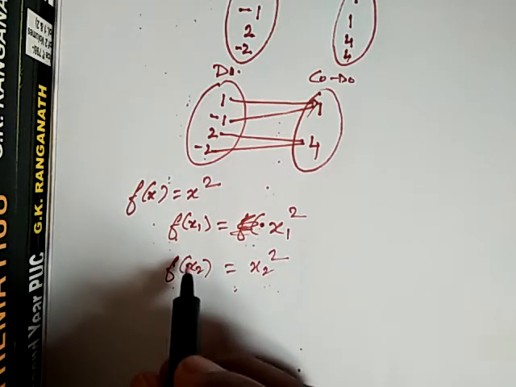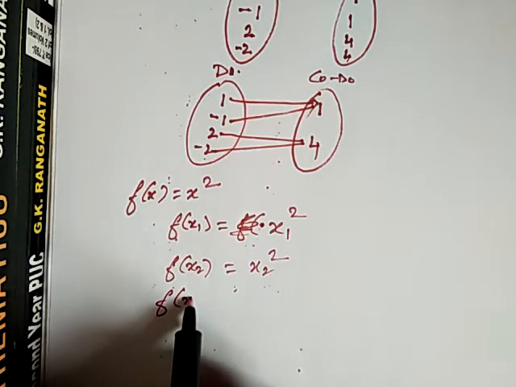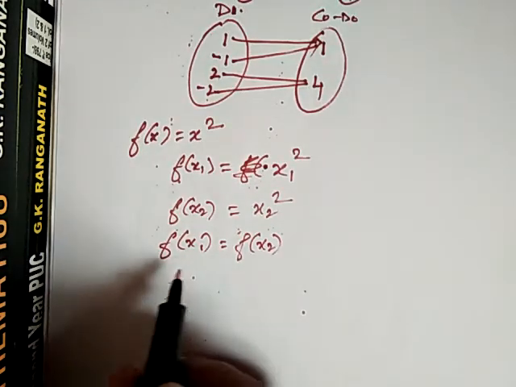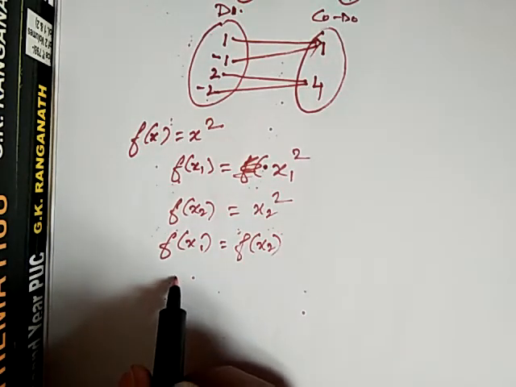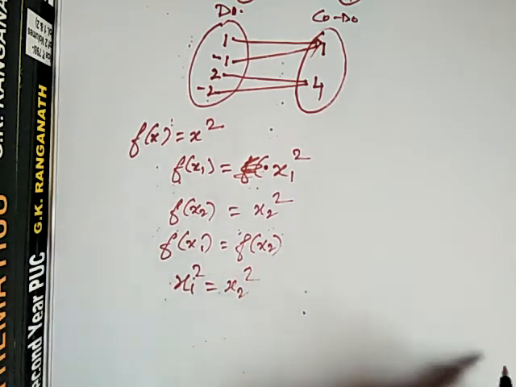If these two are equal, then you can say that x1 square is equal to x2 square. Taking square root on both sides, x1 is equal to x2.